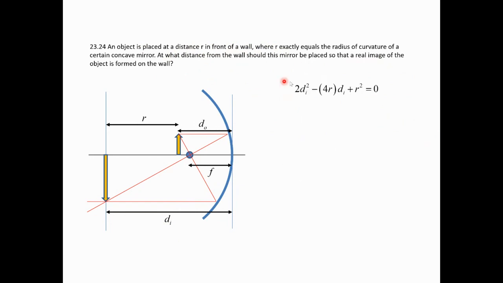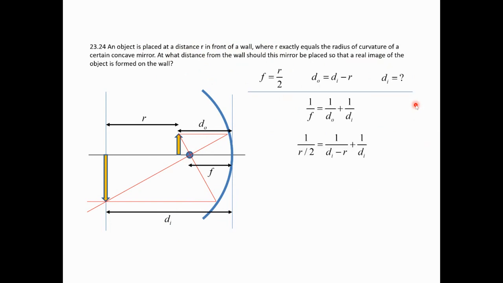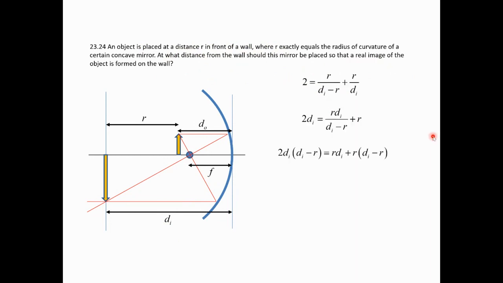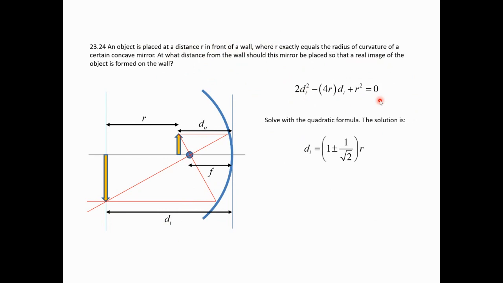The result is a quadratic equation. So just say that again. These 2 equations, plug them into the lens equation, do some algebraic manipulations, and you'll get a quadratic equation for the image distance, like this, which you can solve with the quadratic formula, and you get this.